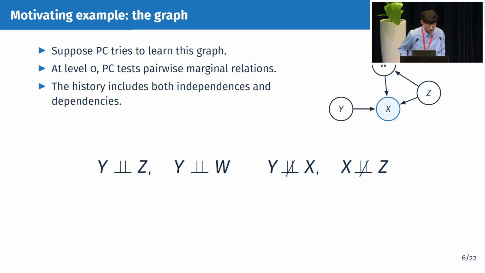At level 0, PC is trying to learn its graph, and it performs marginal tests between pairs of variables. From these tests, it obtains both independencies and dependencies. For example, it already knows that y is independent of z, while y is dependent on x and x is dependent on z.